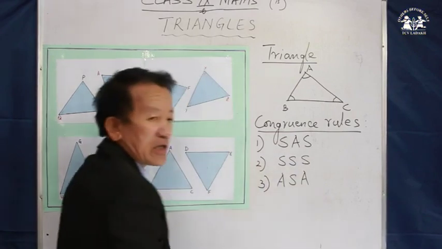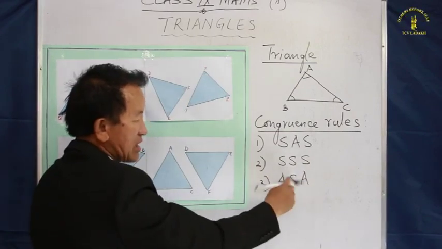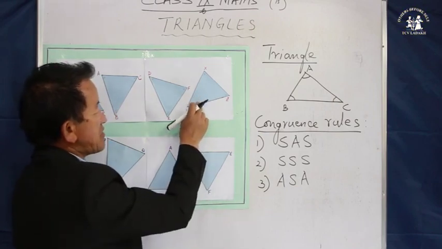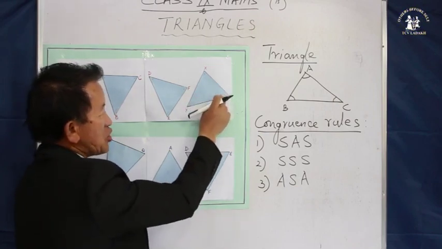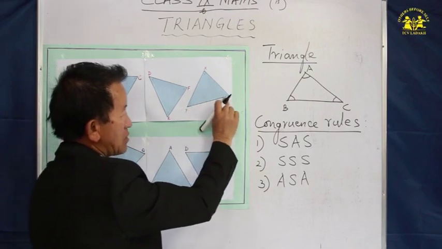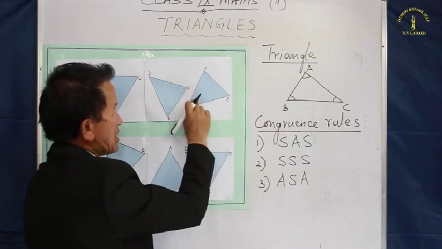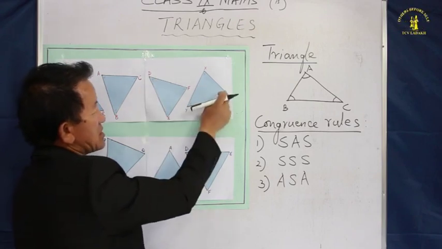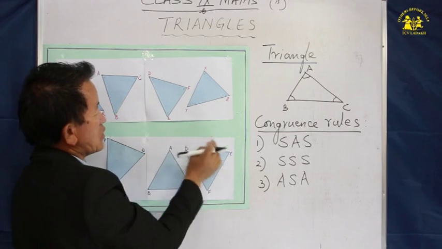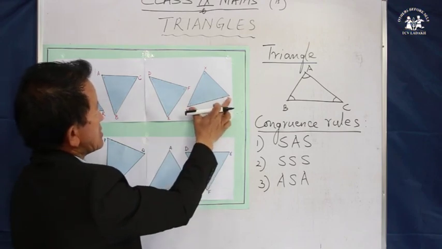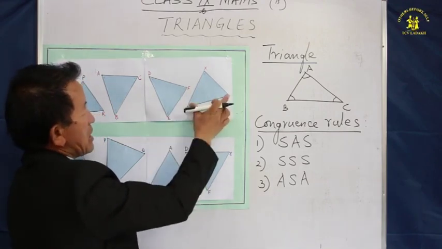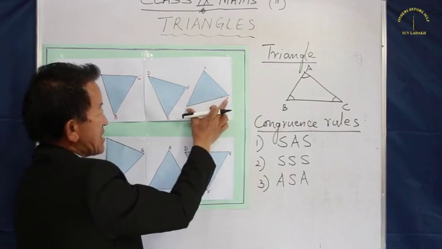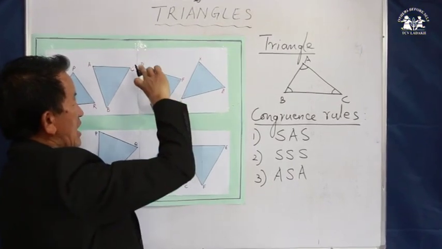Then angle, side, angle: two angles and the included side. For example, this angle is 50 degrees, this is 60 degrees. So the 50 degrees is equal to this 50 degrees, and 60 degrees is equal to 60 degrees. So the included side, this side, is also equal in both triangles.